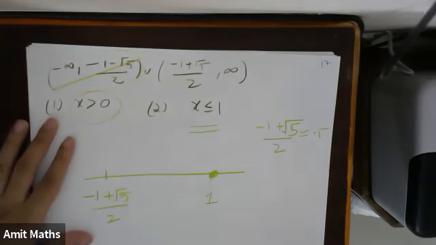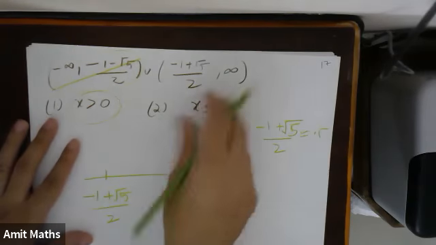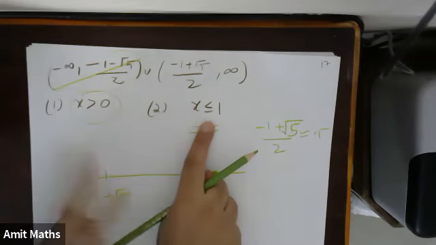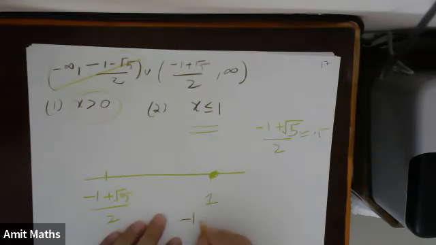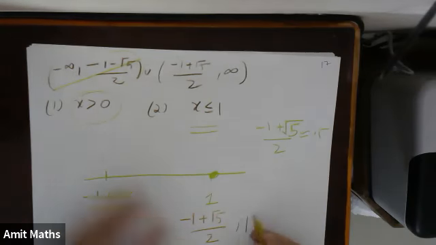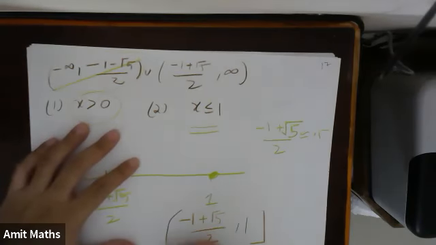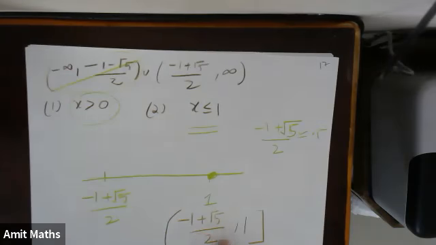So my original solution becomes, using the original condition and the solution I'm getting after squaring, (minus 1 plus root 5)/2 comma 1. This one will be a closed bracket, and (minus 1 plus root 5)/2 will be an open bracket. Some of you are asking why this is an open bracket.